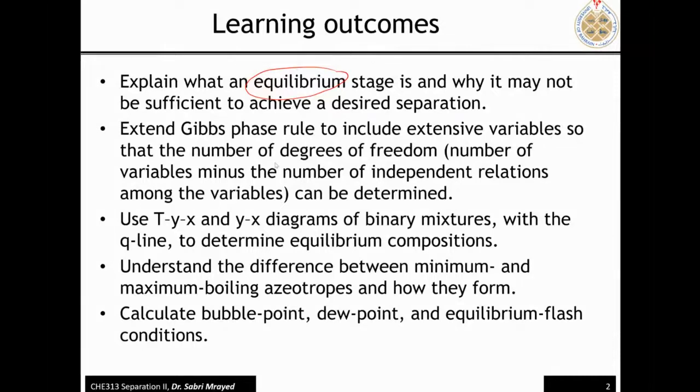But we usually assume it is in equilibrium, and we do the calculation based on this assumption, but in reality there's no equilibrium at all in distillation. Okay, we'll go through that, inshallah, one by one.